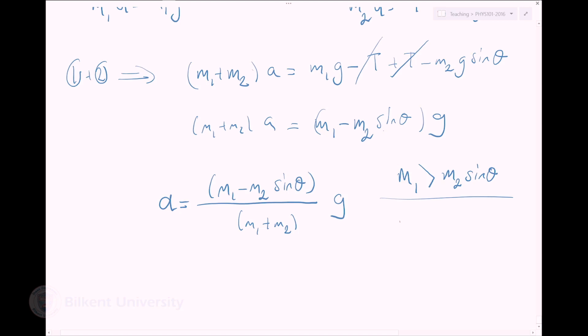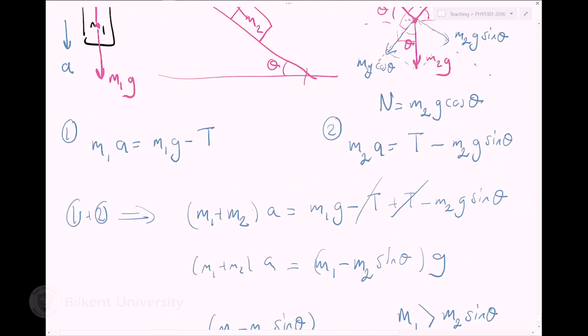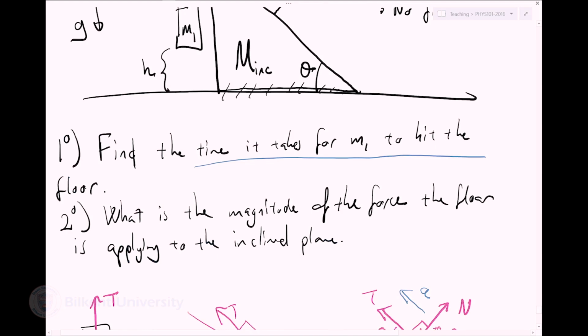So I should maybe write: if m2 sine theta is larger than m1, m1 does not reach the floor. Have I reached my goal? Not yet. Find the time it takes for m1 to hit the floor.